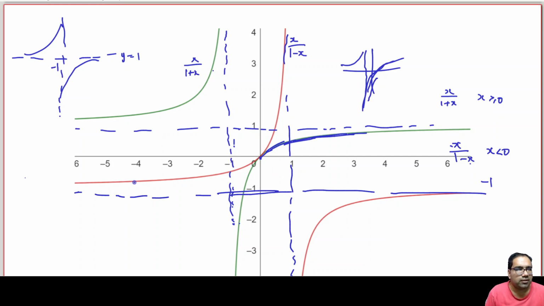At x equal to 1, there is a vertical asymptote, and y equal to minus 1 is a horizontal asymptote. So the graph is something like this. Sorry, the graph is the reverse of this.